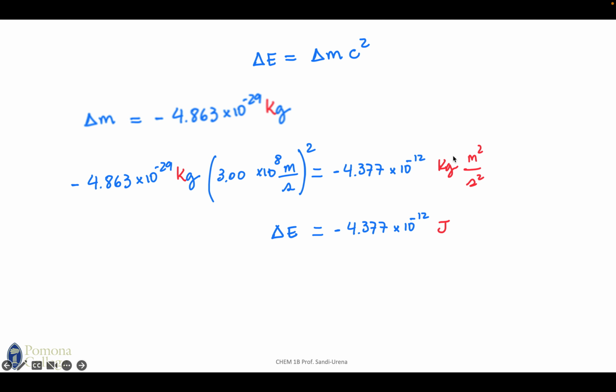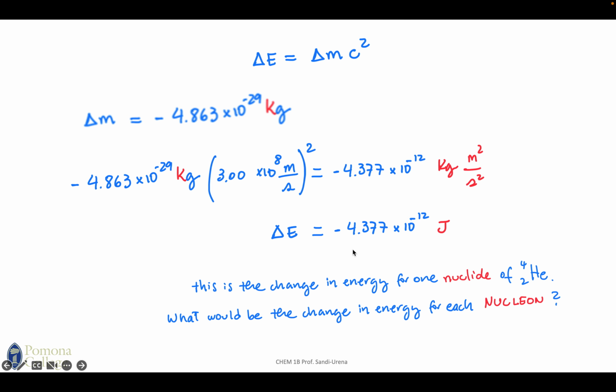Another expression for this group of units is joules. They're equivalent. So this would be the change in energy for one nuclide. Forming just one nuclide of helium-4 would release this amount of energy, and the negative sign reminds you that this process is exothermic, energy is given off.